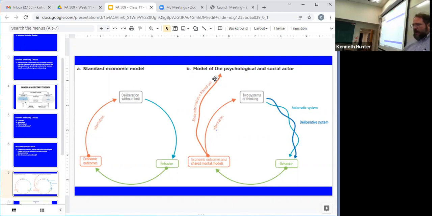And so that behavior can be driven by one of two or a combination of different ways of thinking. What it does then is it leads to these outcomes, which also include shared mental models. Because as we've seen, particularly with elections, even though we're all unique, typically we flow in certain ways and directions as groups.